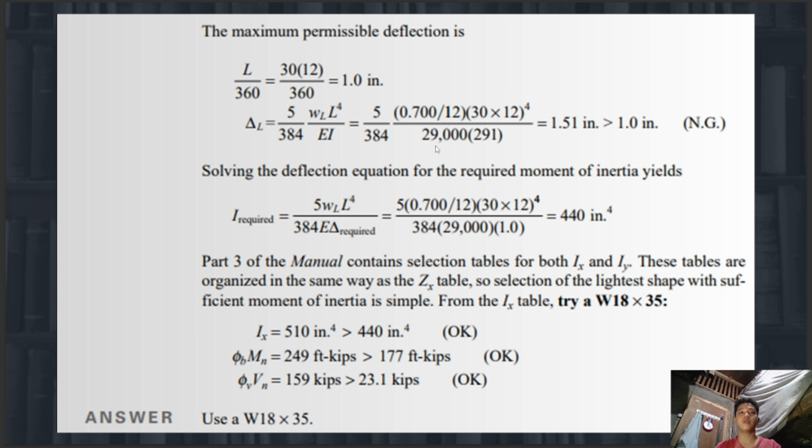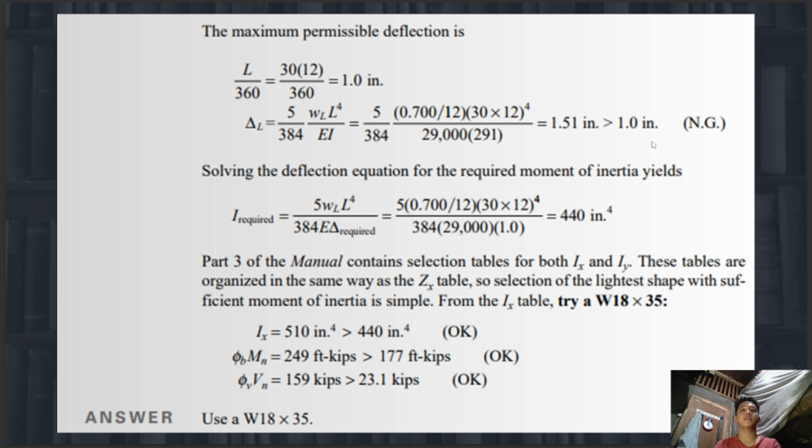Kani ato lang gisolve nga delta L is greater than L over 360. So kani kay mas dako man ang nasolve nga delta L, not good ni siya.